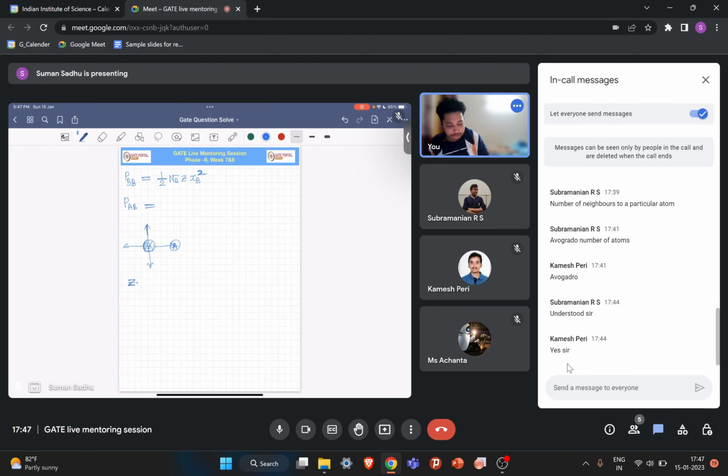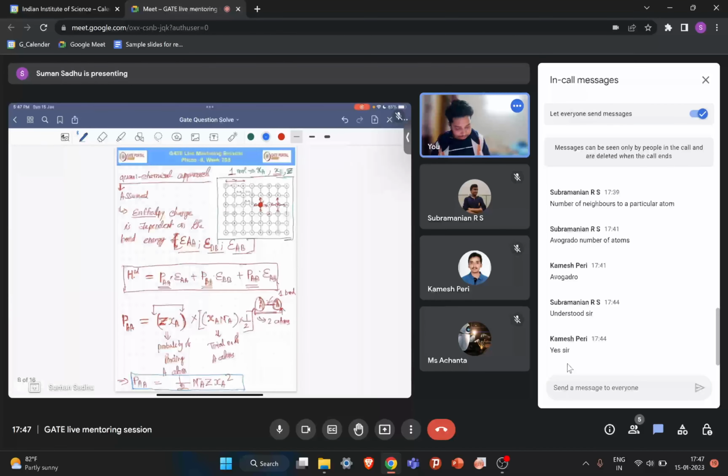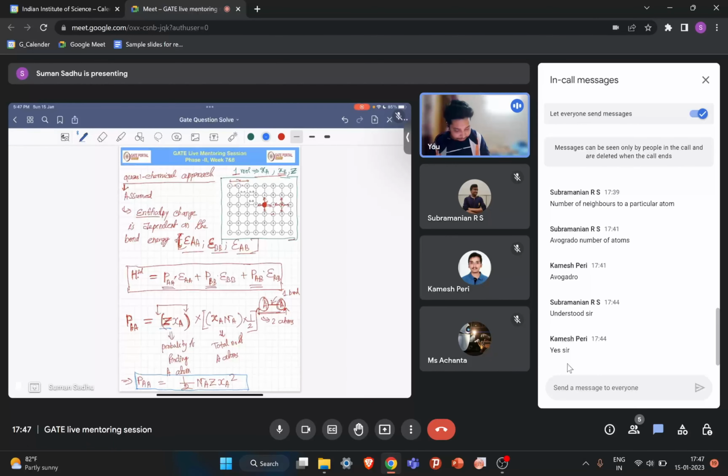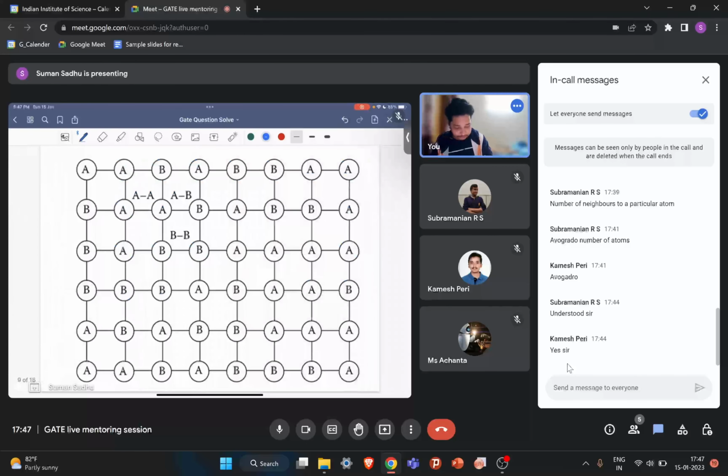Similar to this only. If you see this, Z number of atoms surround it, total number of atoms is Z. Now the probability of finding A atom nearest to this atom is Xa, right? Because the probability is their mole fraction only. This is your B atom, so it is surrounded by total Z number of atoms.